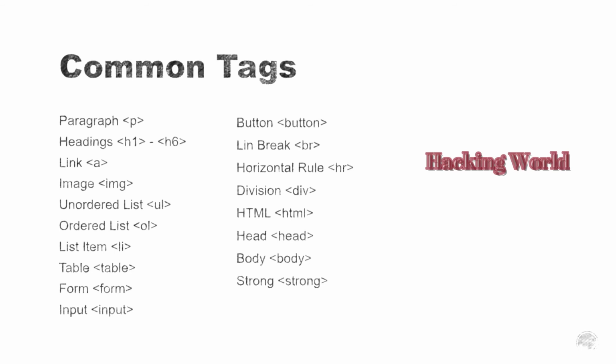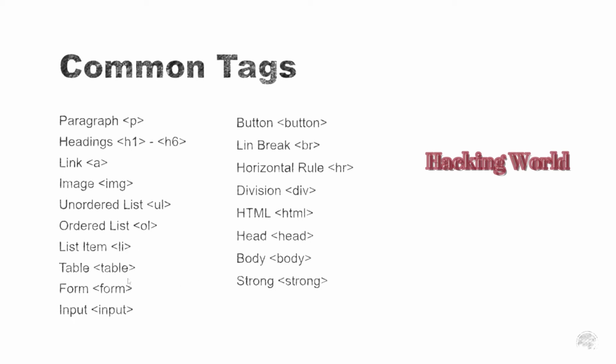Alright, so here are some common tags. Very basic. We have paragraph, headings, which we have H1 through H6, H1 being the biggest, H6 being the smallest heading. Links, we'll use an A tag. Images, use IMG. We have unordered and ordered lists, and then list items, which are LI tags.